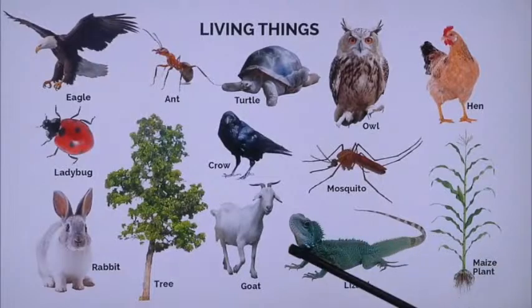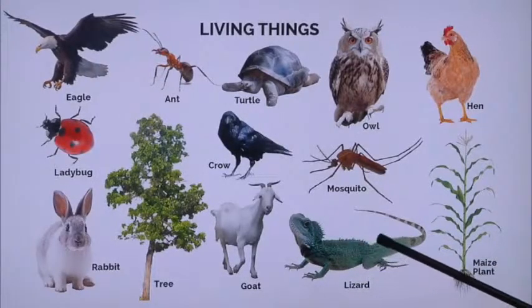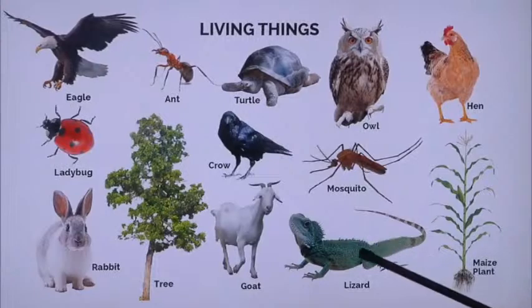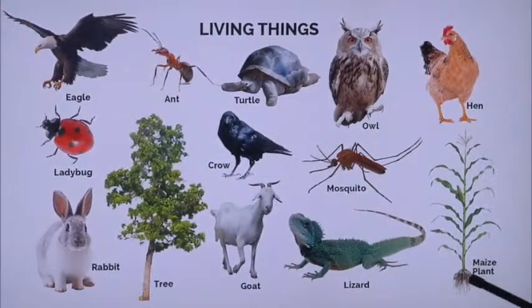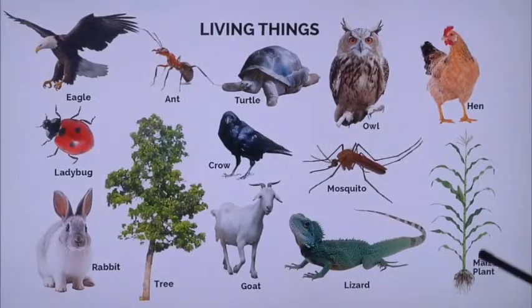It has scales on its body. And it lives on land. And our last picture is what? Maize plants. The other time we saw in our lesson a maize plant. And we said a maize plant has what? A fibrous root. So it is a fibrous root system.